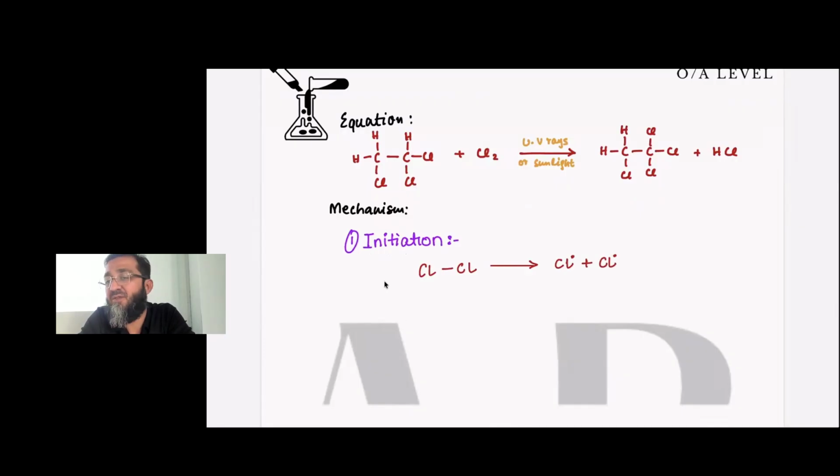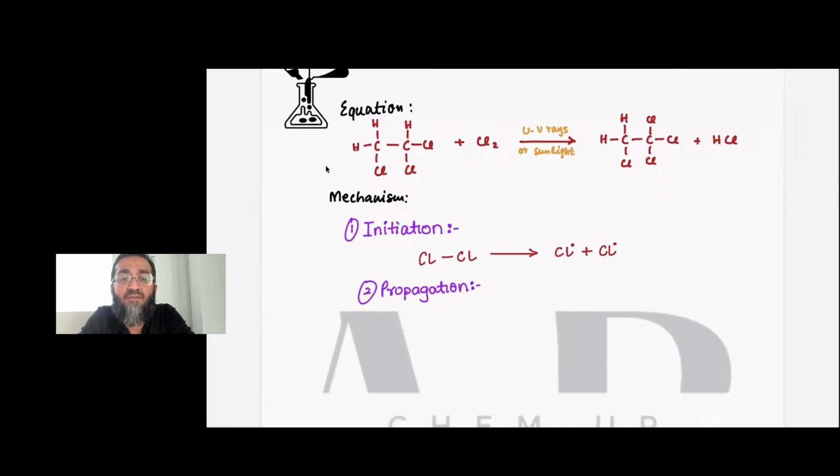So initiation is always the same. And put the arrows to show the bond breaking. And remember, half arrows always show that one electron is moving towards that atom.